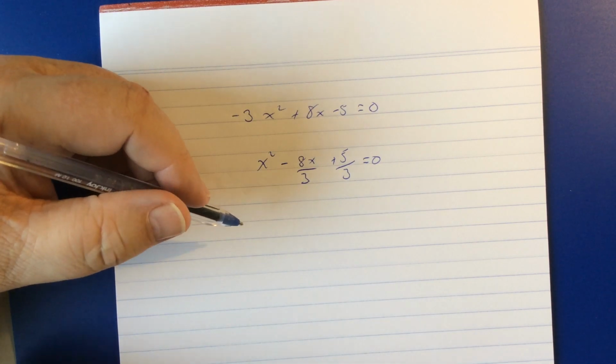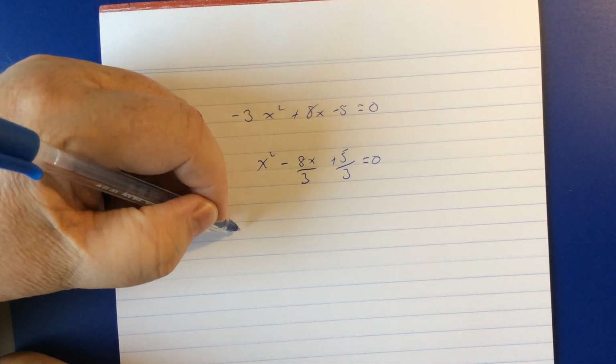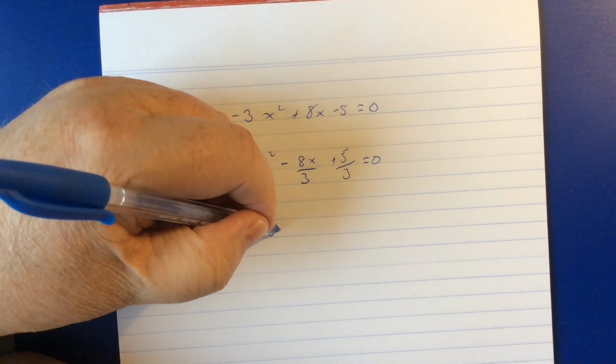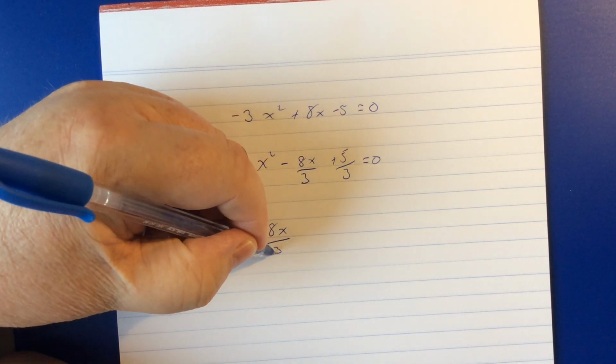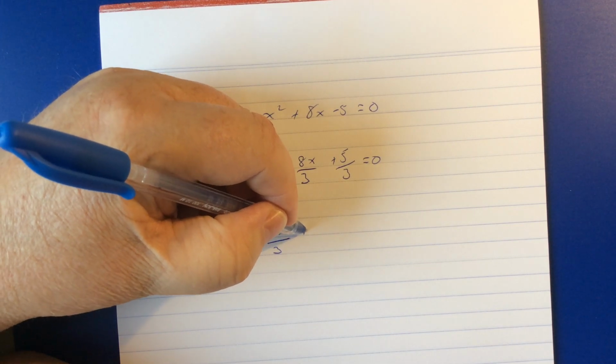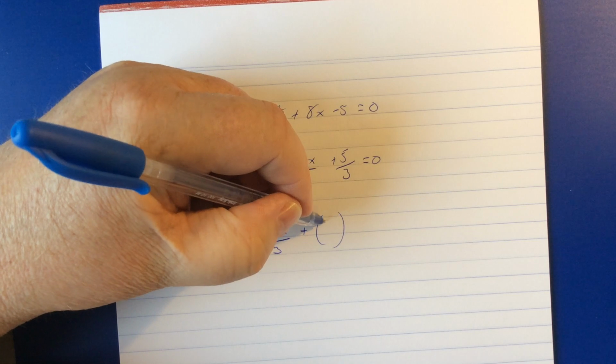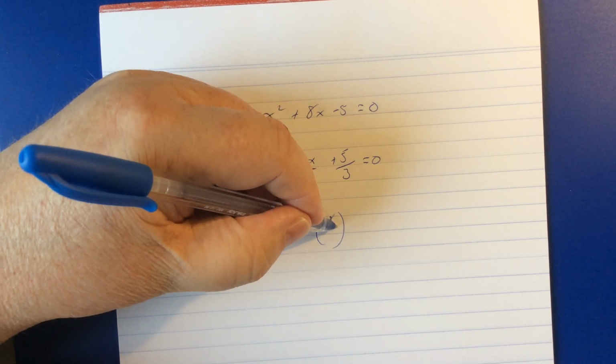So, second step for completing the square. Okay, here we go. x squared minus 8x on 3 plus negative 8 on 6.